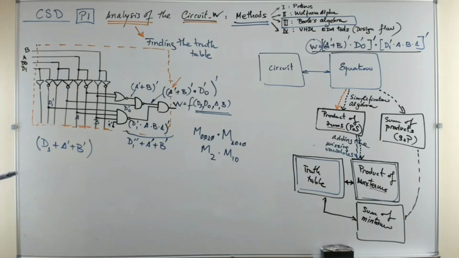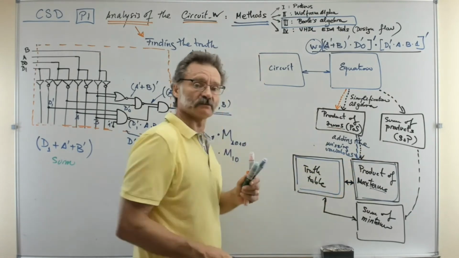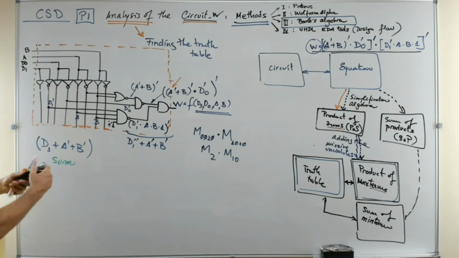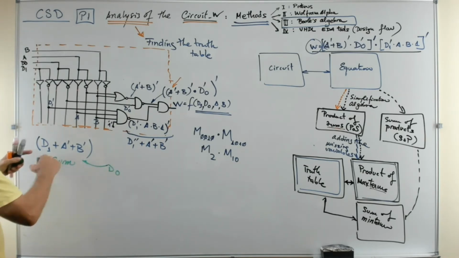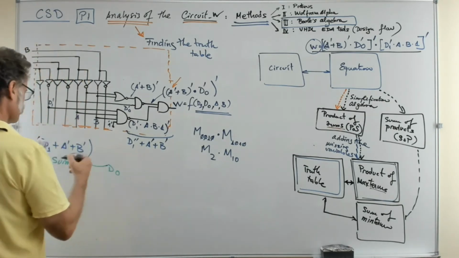So from this term, which is, you know, the sum, you see, we will do the same thing. We will go and add the missing variables, all right? And this time the missing variable is the D0. So this is what we are going to do, to add the D0 variable in this term. In which way? Well, following the same strategy, you know?